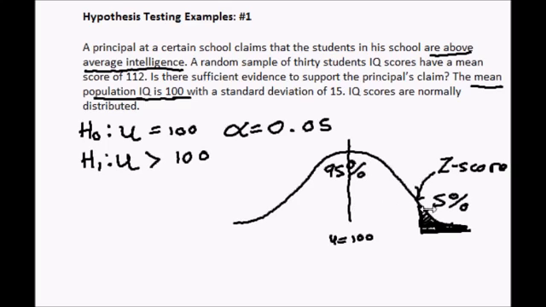And I'm going to look the z-score up in a right-hand z-table, which gives me scores to the right of the mean. It won't give me this area here. This is 50%. So if this is 50%, this area must be 45% because 50 plus 45 is 95. So I'm going to look up 45% in the z-table.